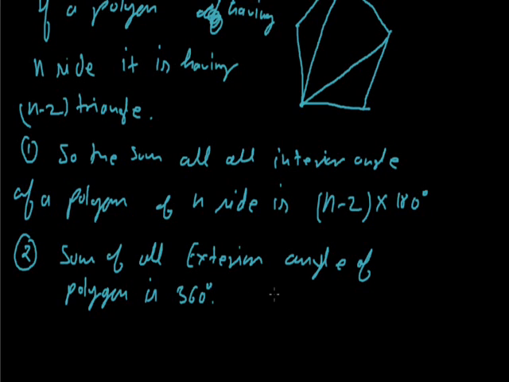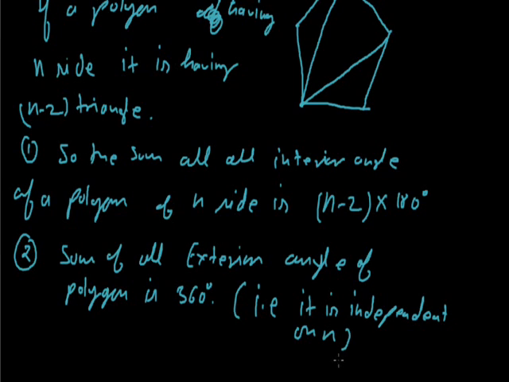Whatever the value of n, the sum of the exterior angles is always 360 degrees, whether it is a pentagon, triangle, quadrilateral, etc. It is independent of the number of sides. What may be the number of sides? The sum of the exterior angles is always 360 degrees.